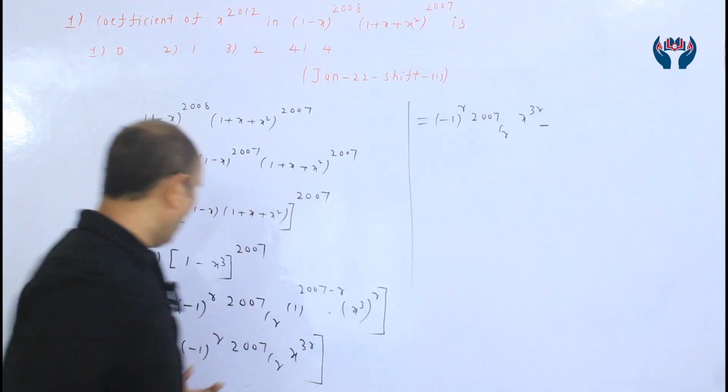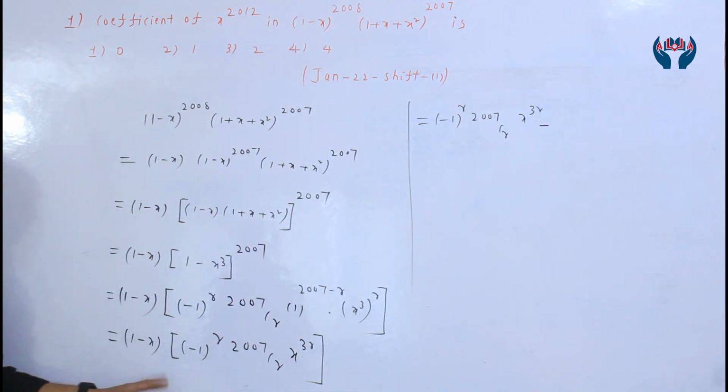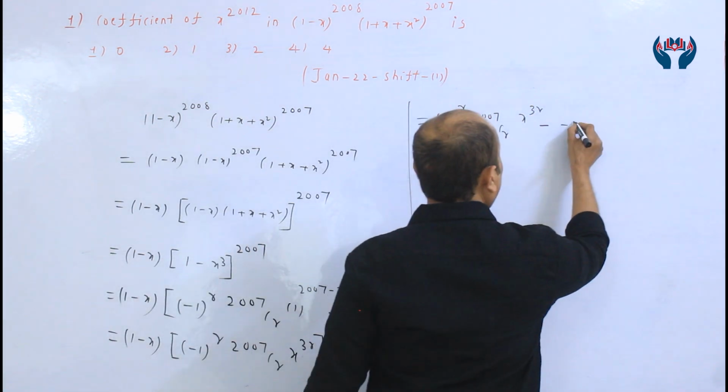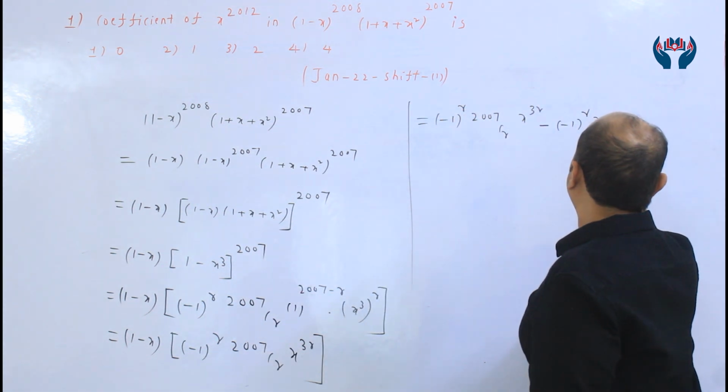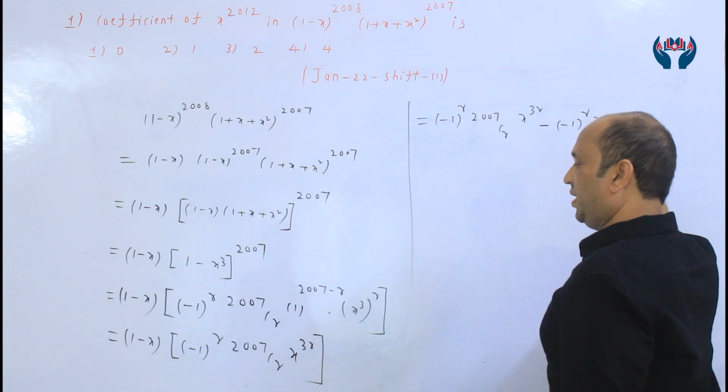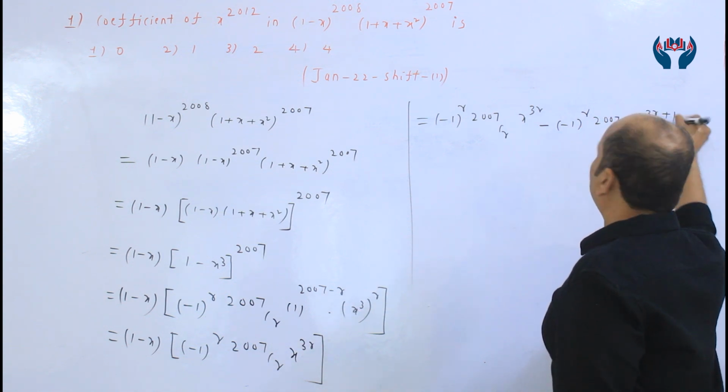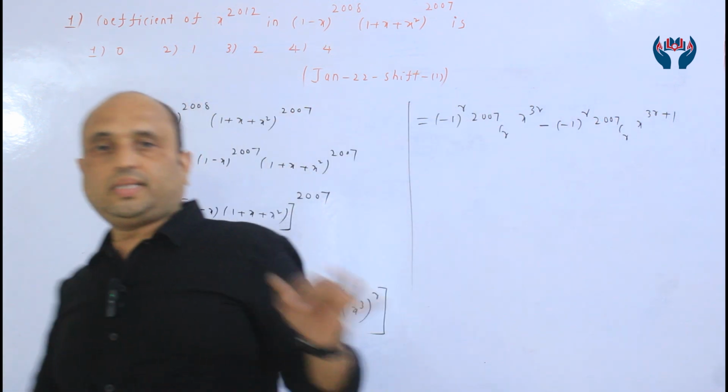Minus, multiply this with x, and we get minus 1 whole to the power of r, 2007 Cr, x to the power of 3r plus 1.